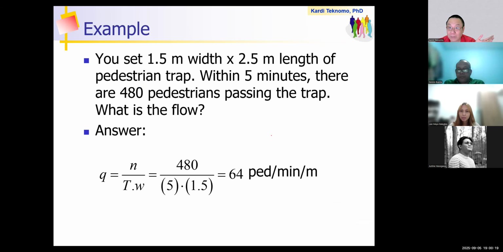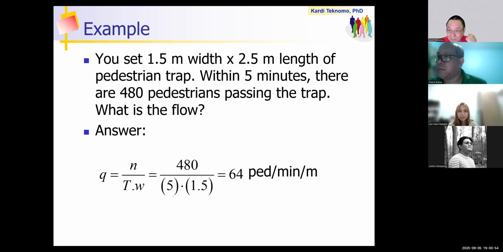So example, say I got the pedestrian in this case, 480, and my observation time is 5 minutes. And then the width is 1.5, the length is 2.5 meter. You don't care about the length, you only care about the width.